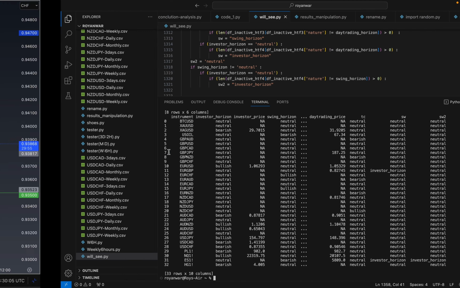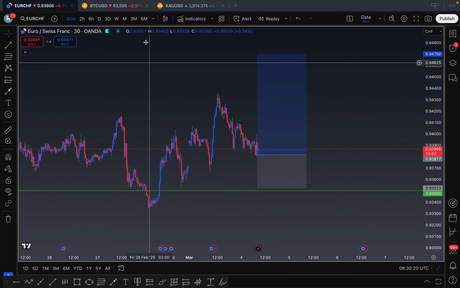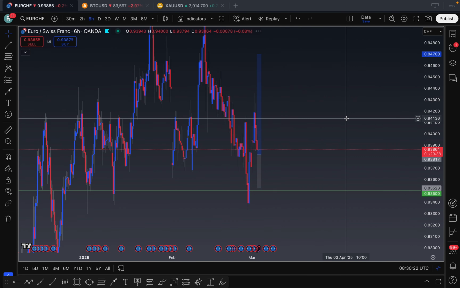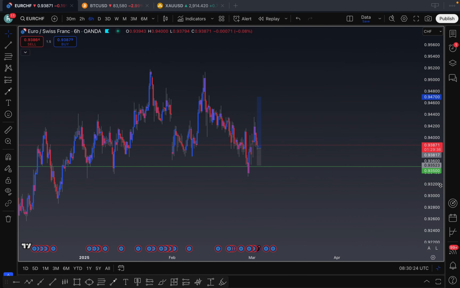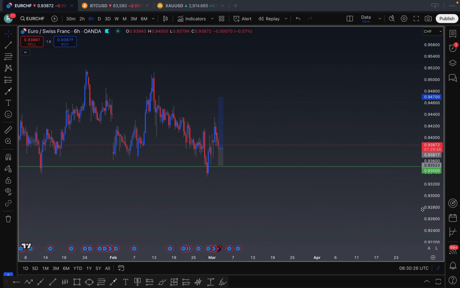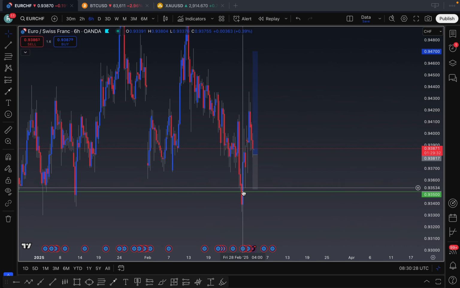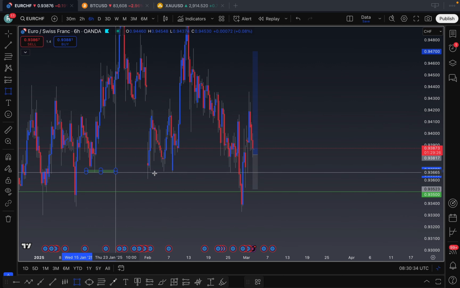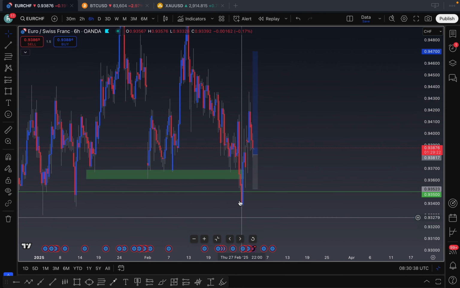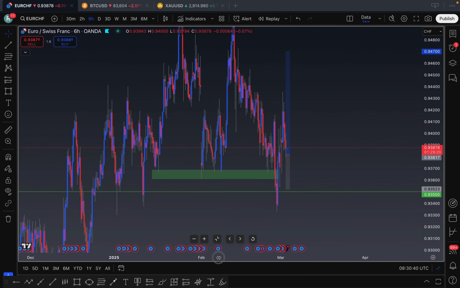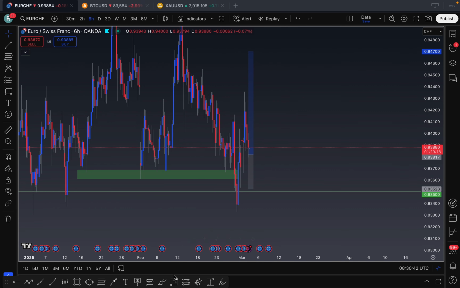Long story short, the Euro CHF right here, if I go to a 6 hours perspective, to an 8 hours perspective, you can see the same thing basically, which is the market just went deep into the 0.93500 level right there, liquidating some areas through to the downside and breaking this huge support line right here through to the downside. As soon as we broke that huge support line through to the downside, of course a lot of sellers have been entering this price as the market pushed through to the downside right here.